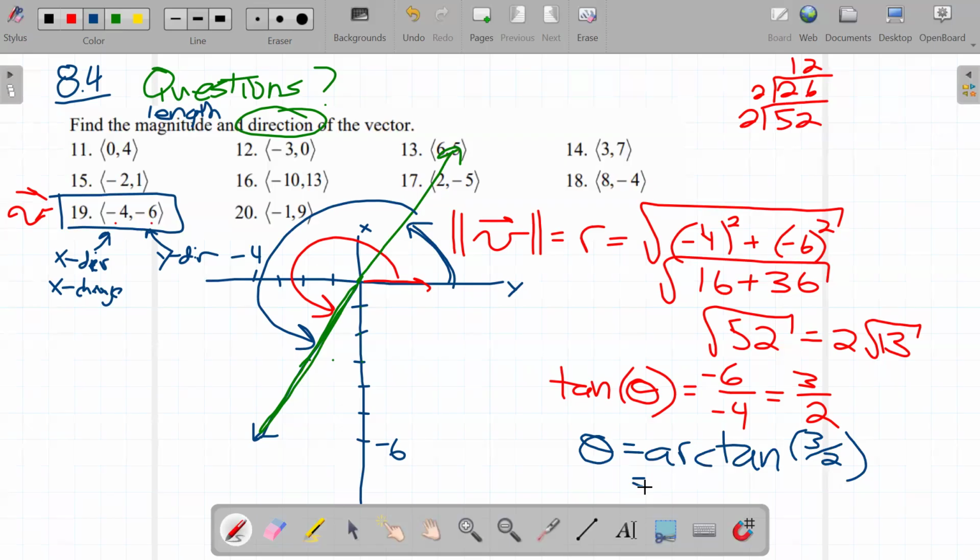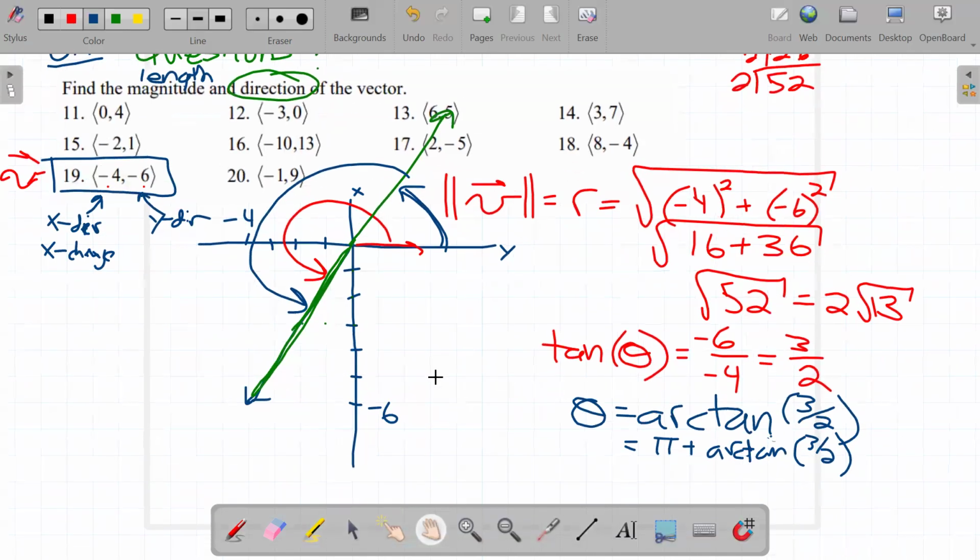I can either say on my calculator it's pi plus the arctangent of 3/2, or if we're focusing on degrees, we could make sure we write it as degrees and say it could be 180 degrees plus the arctan of 3/2, and then I'm going to remind myself that ought to be in degrees too. So let's calculate that, see if it looks reasonable for this picture.